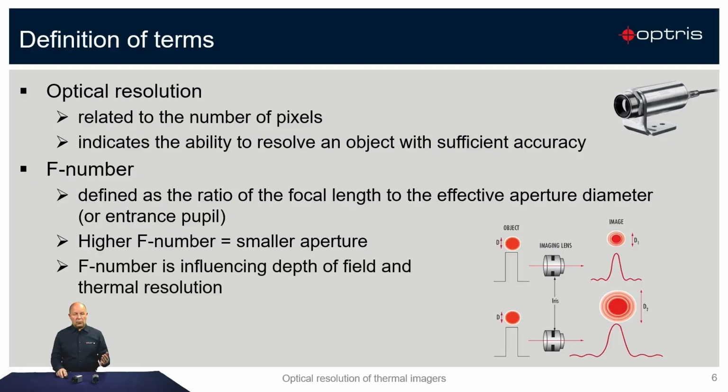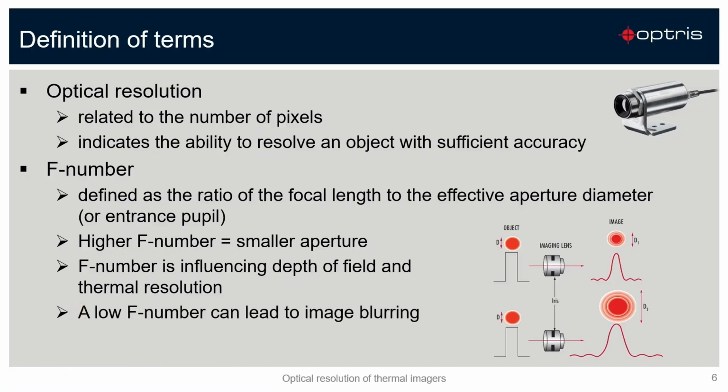The F number therefore is also influencing different other parameters on the imager, like the depth of field and also the thermal resolution. A low F number also can lead to image blurring.